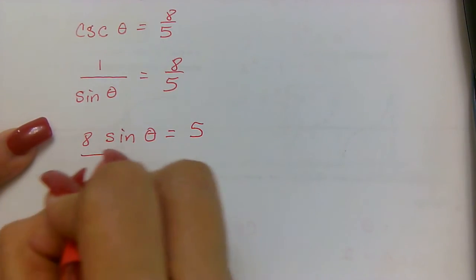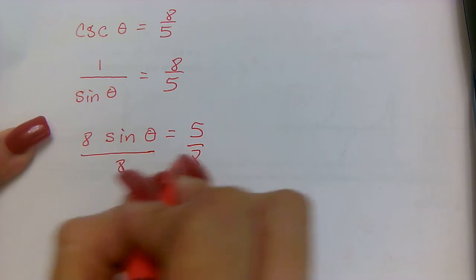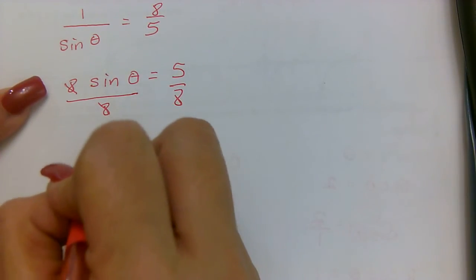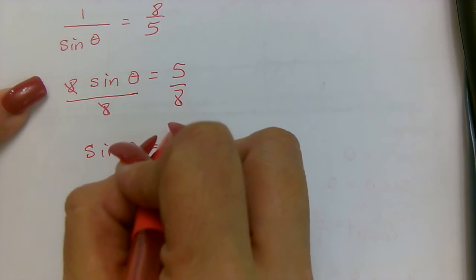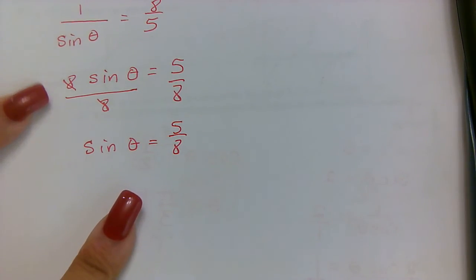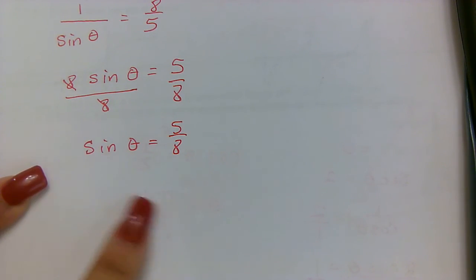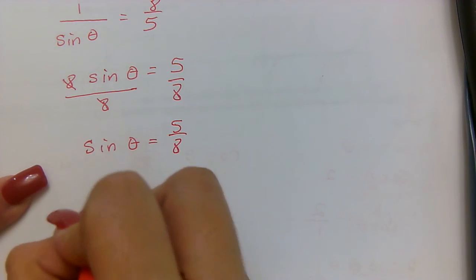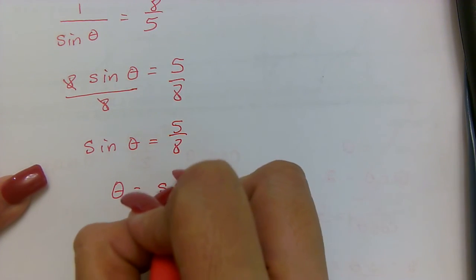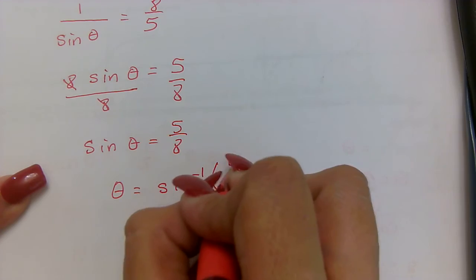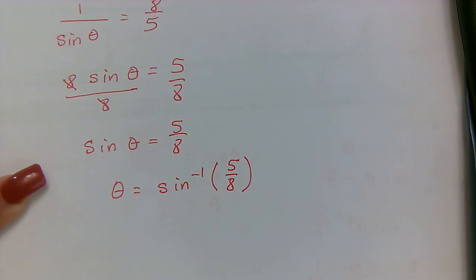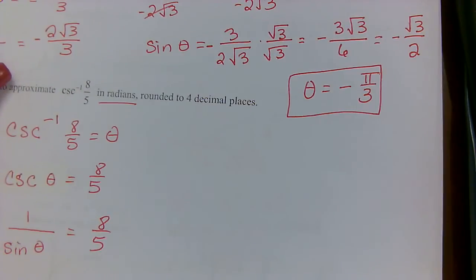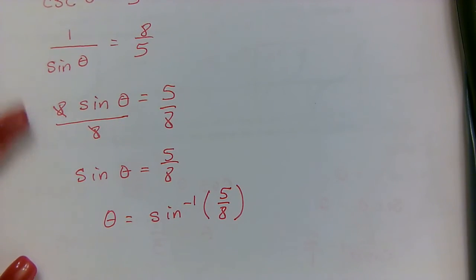Now I can go ahead and divide by 8, and I'm going to get sine of theta is 5/8. We're looking for theta, so that means I have to take sine over to the other side. So theta is going to be equal to arc sine of 5/8. Essentially all we did from the original one was just flip it.